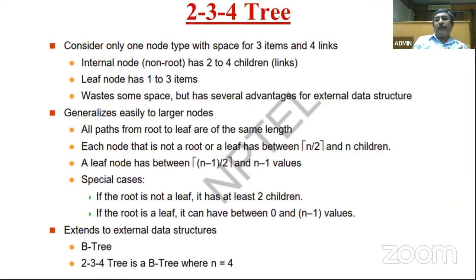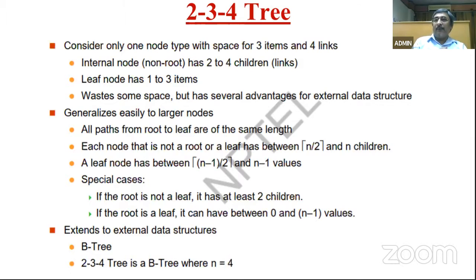You can put the definitions of a 2, 3, 4 tree and a B tree side by side, and you will be astonished to see that a 2, 3, 4 tree is necessarily a special case of a B tree. Now, what's the difference between them? A B tree can be implemented in a secondary data store, I mean, your disk and things like that. So that's an external data structure.